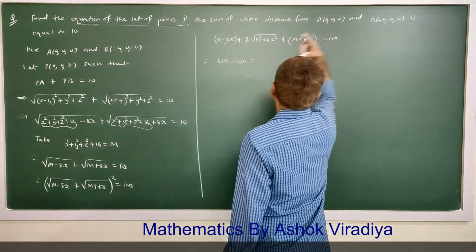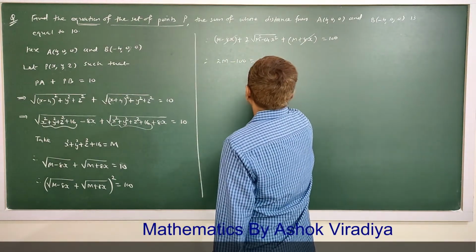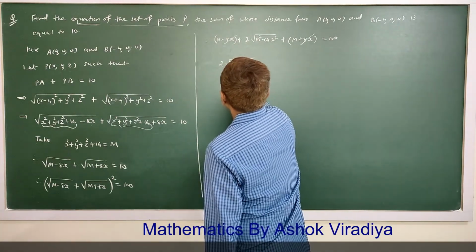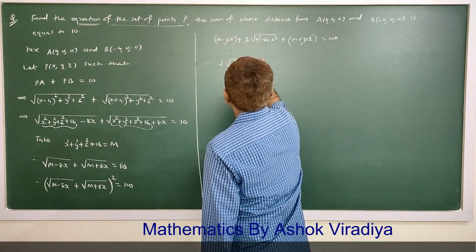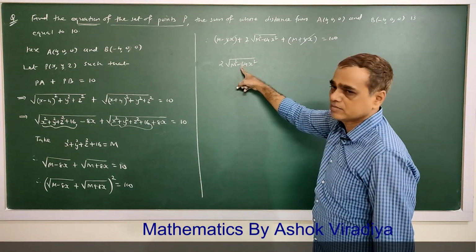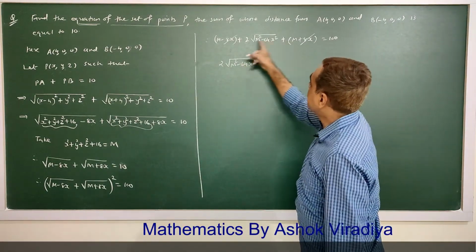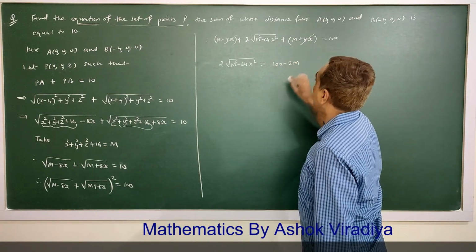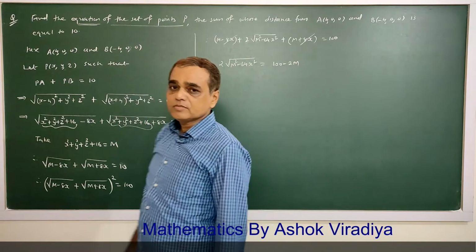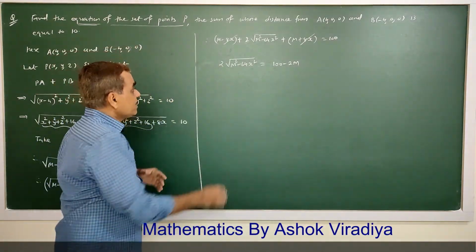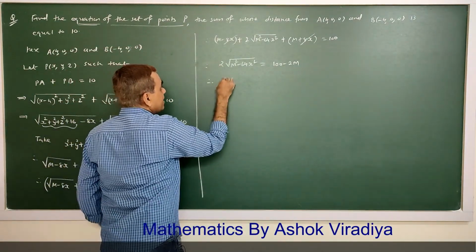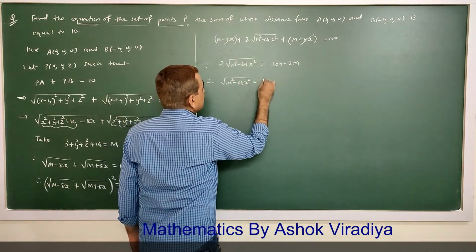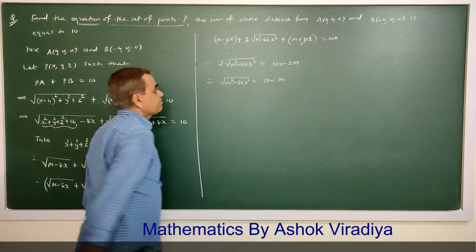And this number I am taking on that side, that is, keep 2 times root m square minus 64x square on the left side, and 2m I am taking on this side, so this will be 100 minus 2m. Now dividing by 2, square root of m square minus 64x square is 50 minus m.